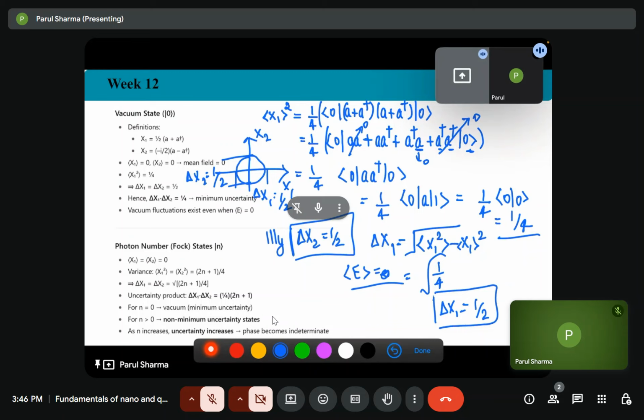Next we want to calculate the uncertainty limit for the number state. That is the photon number state, the Fock state.